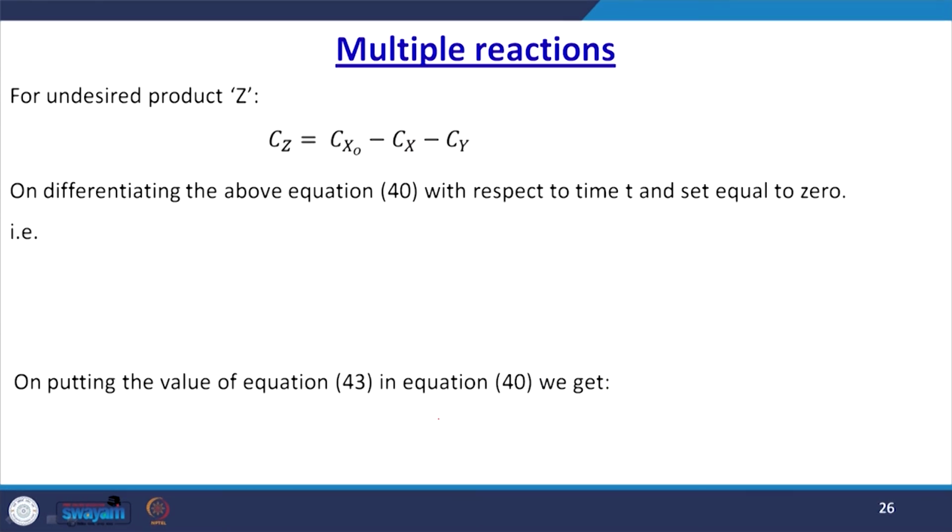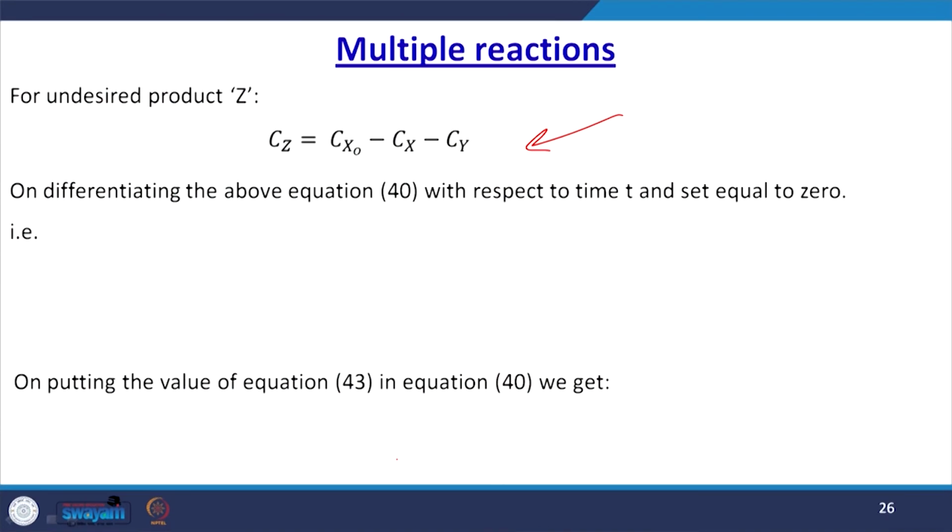Now, if we talk about the undesired product profile, you always have this particular equation with you, that is Cz is equal to Cx naught minus Cx minus Cy. Now, if we differentiate the previous equation with respect to t and set it equal to 0, it becomes the equation we are talking about, Cy is equal to ky upon kz times (1 minus e to the power minus kz t).